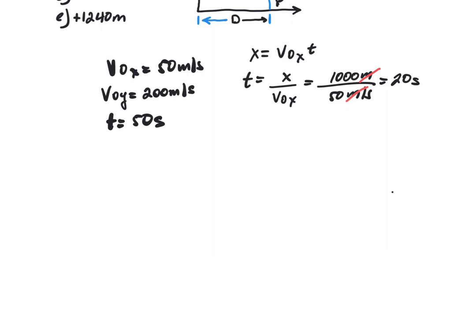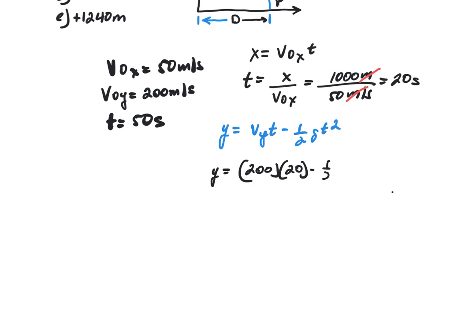Then the second formula we're gonna be using is for our y. It's gonna be v of y times t minus 1/2 g t squared. So our y is gonna be 200 times our time, which is 20 seconds, minus 1/2 times 9.8 times 20 seconds squared.